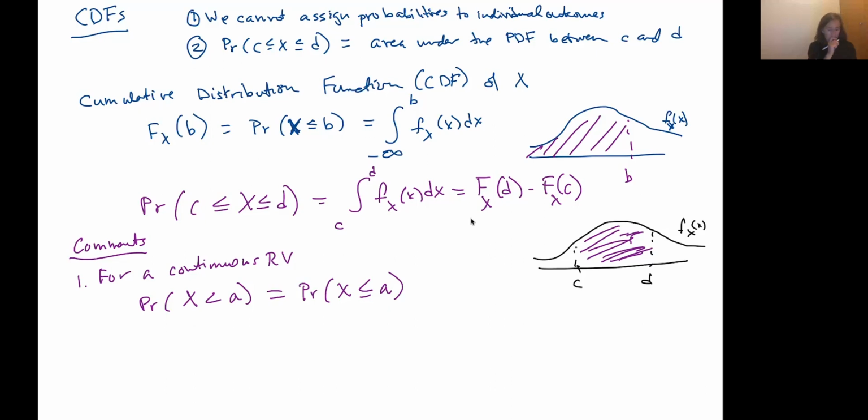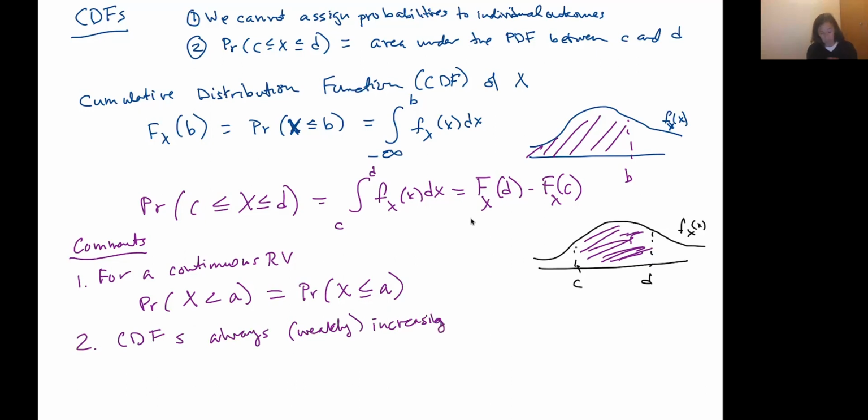Some other things that I'm going to illustrate in the next couple of videos, but I'll just comment on here about CDFs. One is that they are always at least weakly increasing.